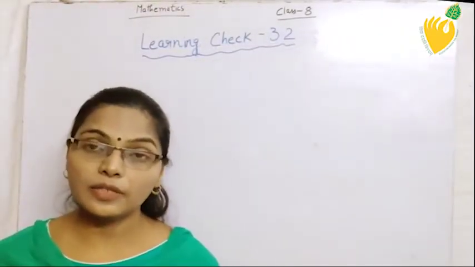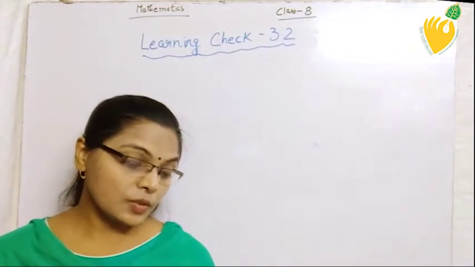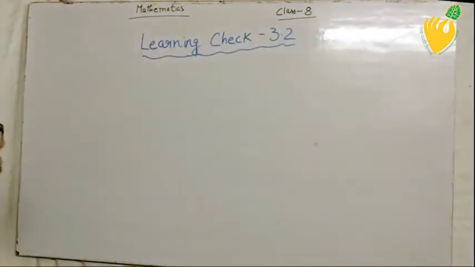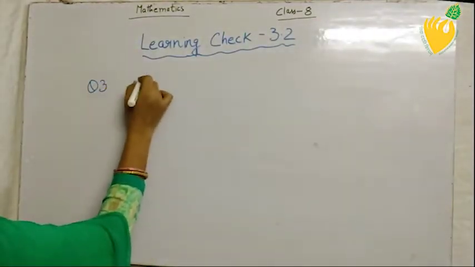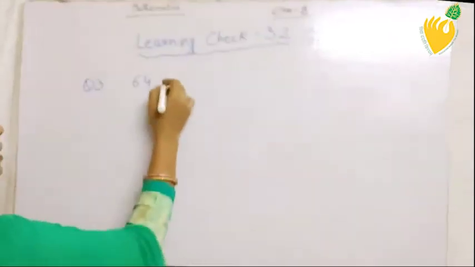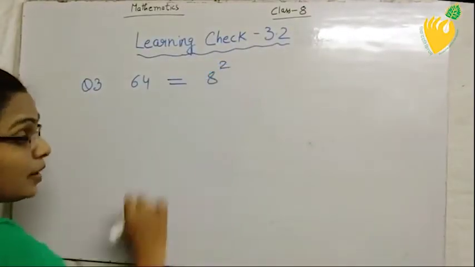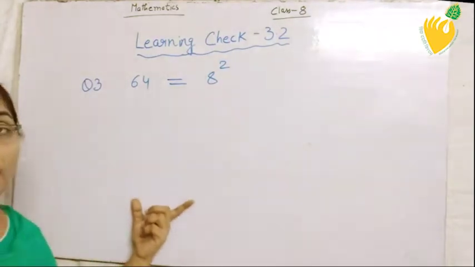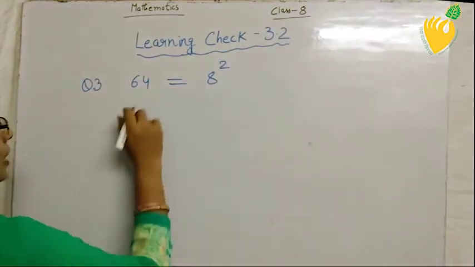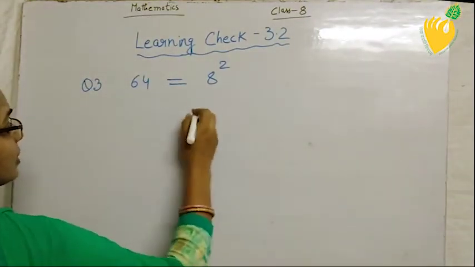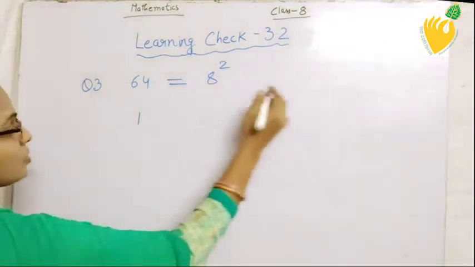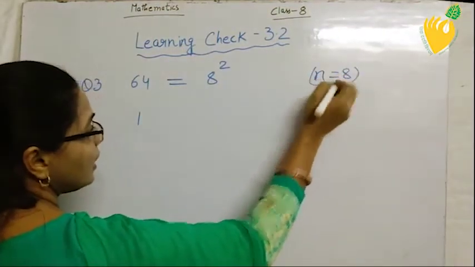Now students, let's see another question, that is question number 3. Express 64 as the sum of 8 odd numbers. You can write 8 square, and this is one of the properties of the square numbers which I have already explained to you, that the sum of n consecutive odd natural numbers is equal to n square. So n is 8 here.